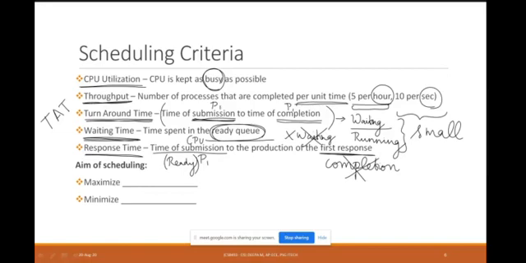Can you tell me what is the aim of scheduling? What do I have to maximize and what criteria do I need to minimize? Can someone unmute and talk? We have seen 5 criteria now. Among these 5 criteria, which should I maximize and which should I minimize?